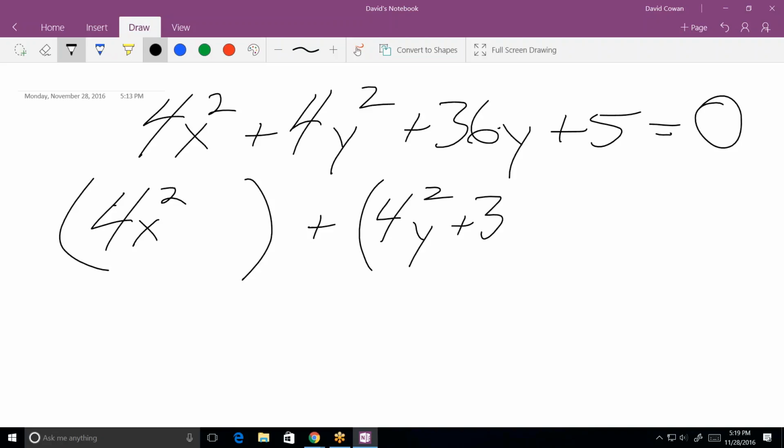Now, you cannot complete the square until you get the coefficient equal to 1. I'm confused. What does that mean? Well, first of all, I don't need to complete the square over here with the x term.